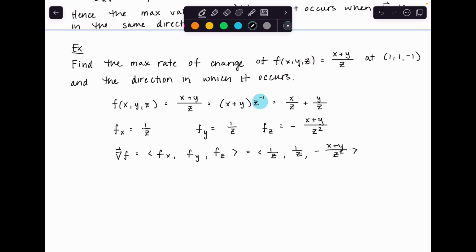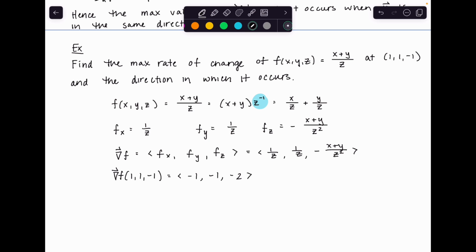So I specifically want to look at the maximum rate of change at the point (1, 1, -1). So I'm going to go ahead and evaluate the gradient vector at that point. So the first component is 1 over z, so that's 1 over -1. First component is -1. Second component is the same thing. If I plug in 1, 1 here, that would give me 2. -1 squared is 1. So overall, this is -2.